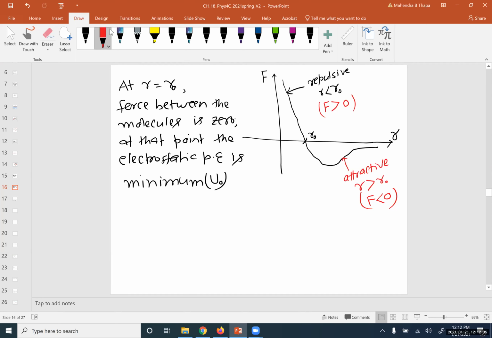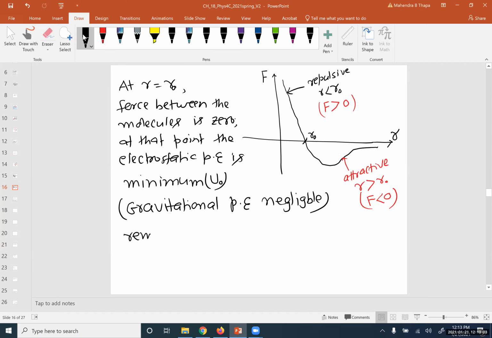In both graphs, we consider that the gravitational potential energy is very small, negligible. We know from previous chapters that there is a relation between the potential energy and the force.